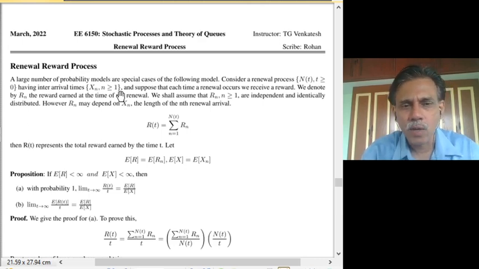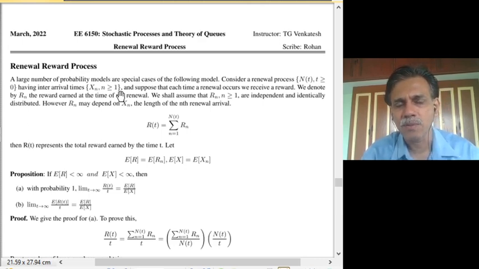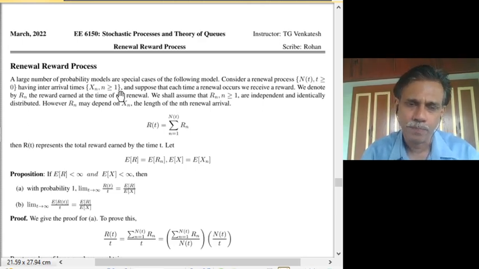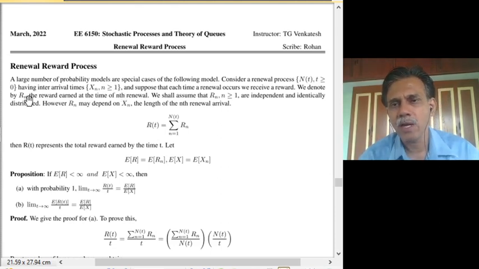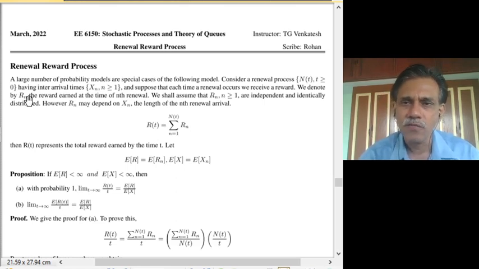We will look at certain examples where it becomes clearer what we usually associate a reward to be. So every time a renewal occurs, there is a reward. Again the reward is not a fixed one, we will let it be a random variable. At the end of the nth renewal cycle, we get a reward which we will call Rn.